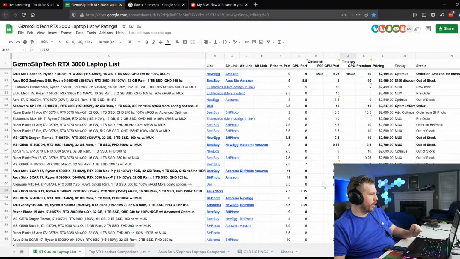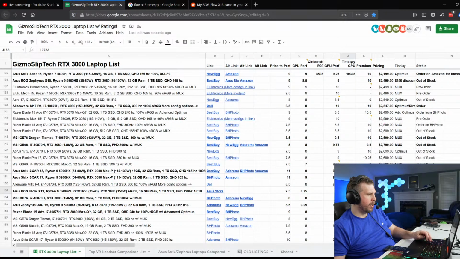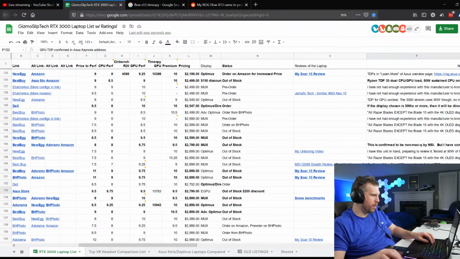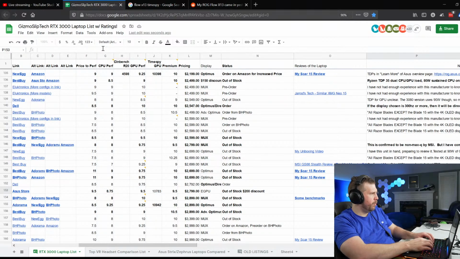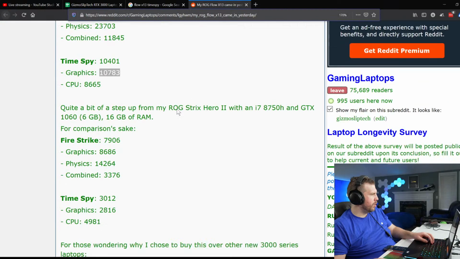Okay, what are we looking at? We're going to put this link in here. That's right. Boom. GPU. Okay. Timespy here. Oh, and maybe we got a Cinebench here too.